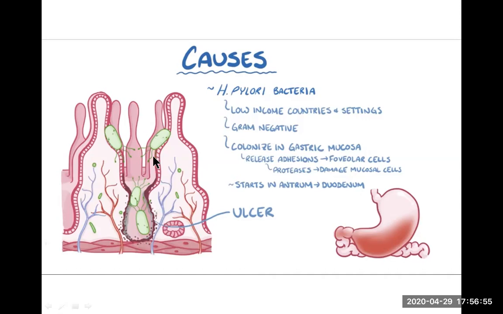By colonizing the gastric mucosa, they will release some adhesins. These adhesins will attack the foveolar cells, and then together with proteases, they'll damage the mucosal cells of the stomach. By damaging the mucosal cells, they start causing ulcers or lesions in the stomach.